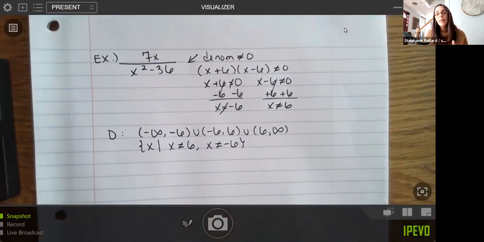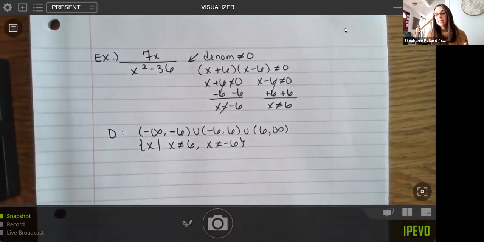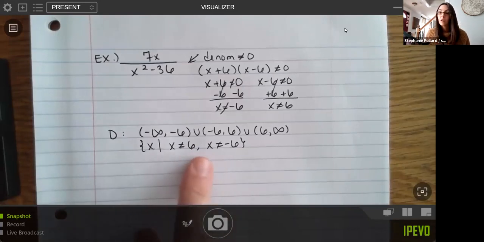So you may have just one thing to exclude. In rare cases like the first one we saw, you may have nothing to exclude. I would say that does happen more rarely. Usually there is something to watch out for in most of our examples, or you could even have more than one. So this one has 2, but you could have 2, 3, 4, etc., depending on how complicated that problem becomes.